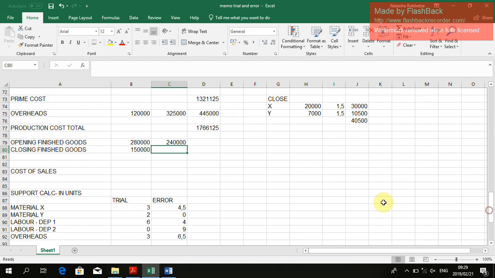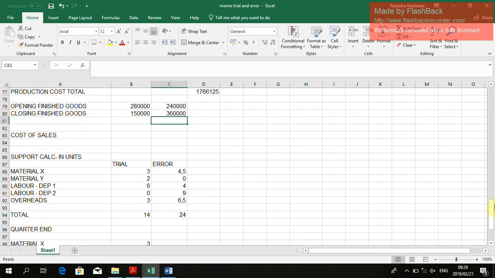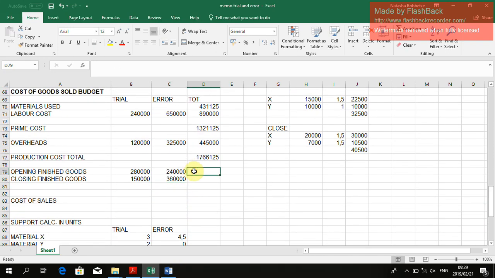And we also have units at the end, which is 15,000 units times the 24 Rand. Right, and then I can get to the sum of everything.